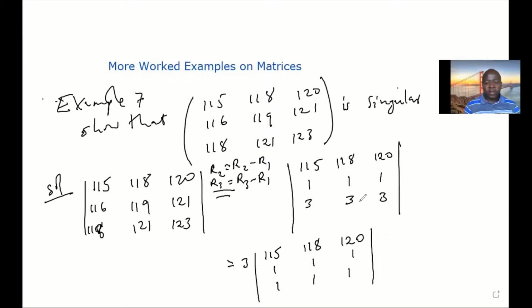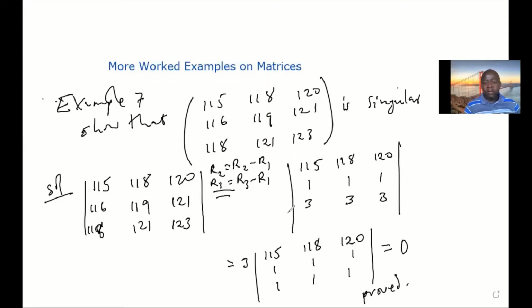When I factor 3 out, I've discovered that row 2 and row 3 are the same. And there's a property that says that if two rows are identical, then the determinant will be 0. So this is 0, and this proves that the matrix given to us is singular.